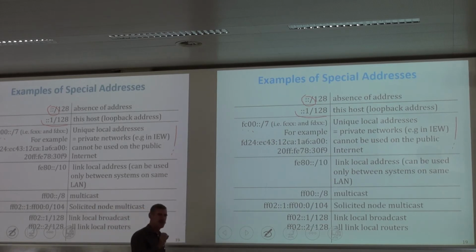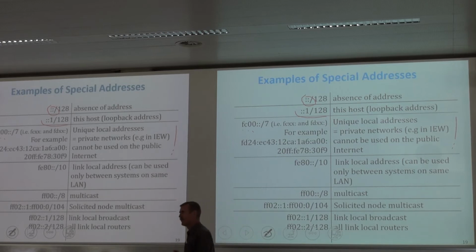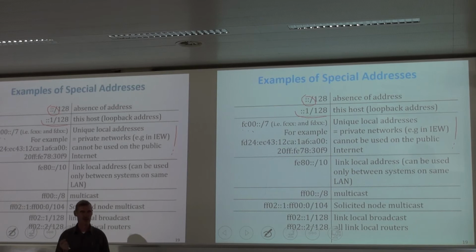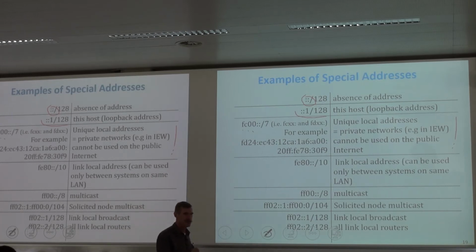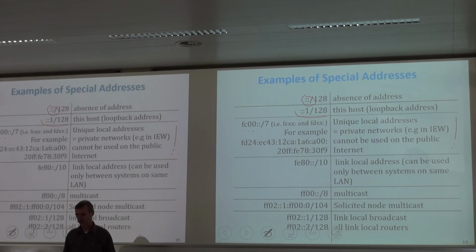That means you take the first 7 bits of the hexadecimal representation FC, and anything that has the same 7 bits is a private address. And if you do this hexa to binary representation, you will find that it means anything that starts with FC or FD, because FC or FD have the same 7 bits. Then anything that starts with that and has anything after is a private address, like the one we've discussed before.